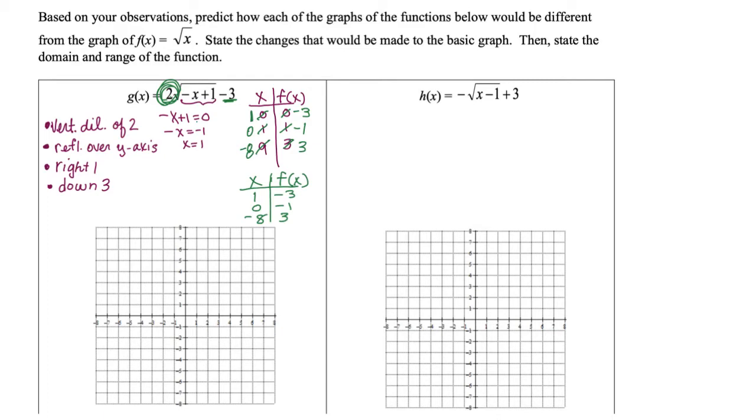So let's sketch this bad boy out. 1, -3, 0, -1, and -8, 3. There we go.